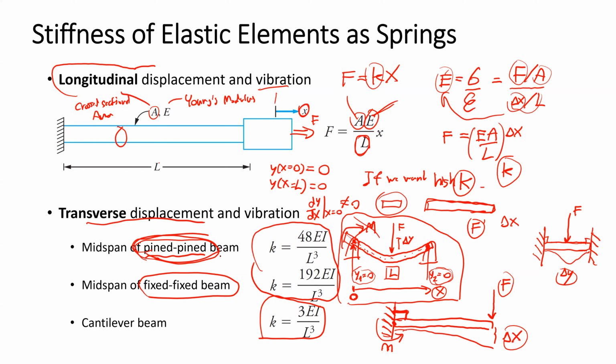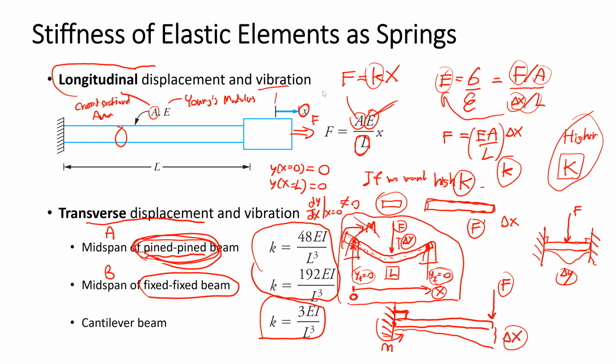For the pin, we apply force to get the displacement delta y. Do you think in which case we should have higher stiffness, K? Pin, case A. Fixed, case B. Which one should have higher K?